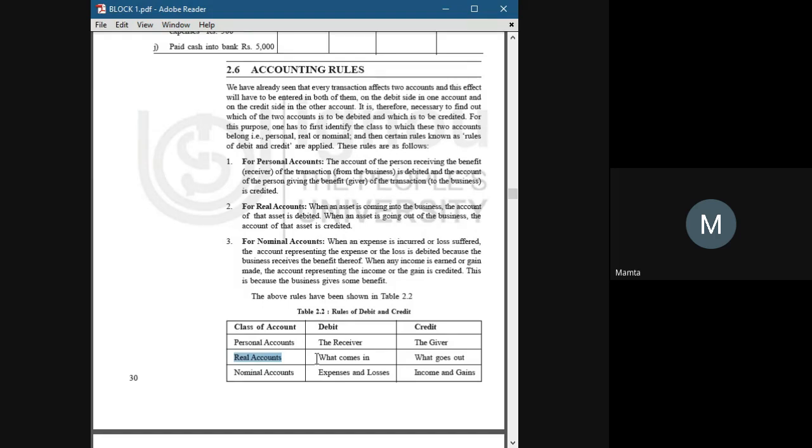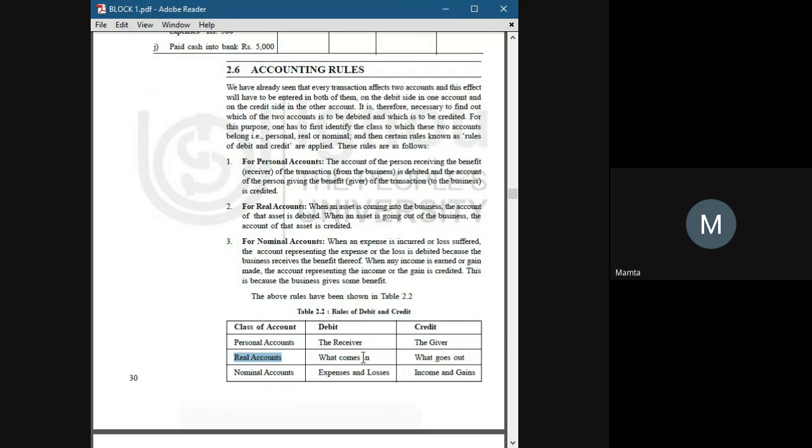All these things are the assets of a company. Now this rule says debit what comes in and credit what goes out. Whatever you are getting is debited, and whatever you are losing is credited.